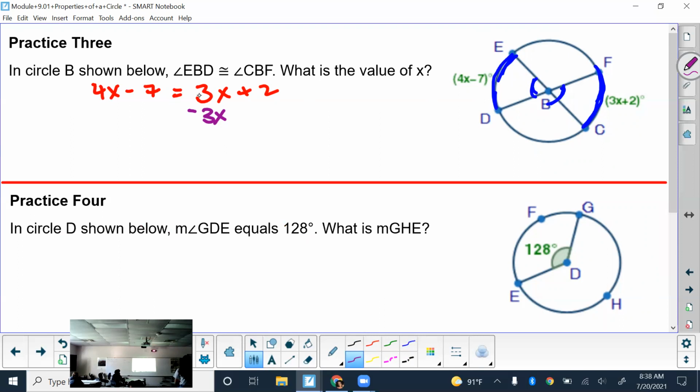The only way to do that is 3x minus 3x, and what you do on one side, do to the other side. On the left side, what's 4x minus 3x? 1x, this x. And then we still have the minus 7. Bring that down. Now how can I get the x by itself?